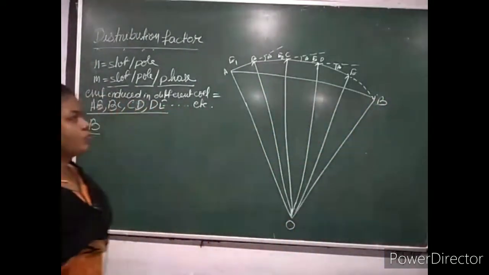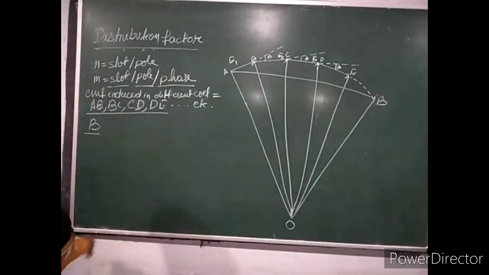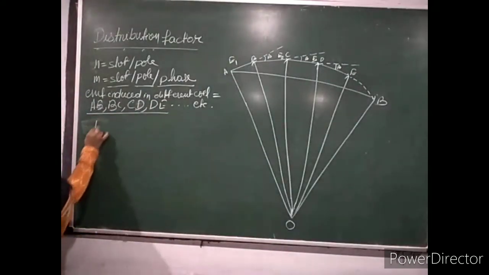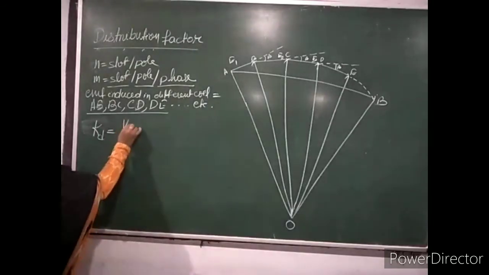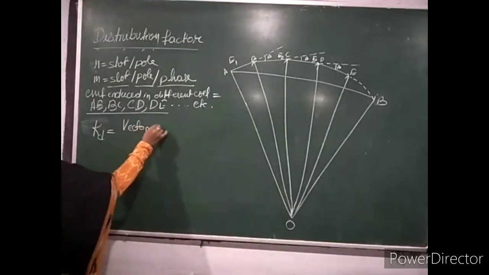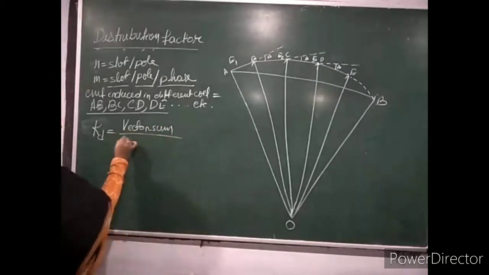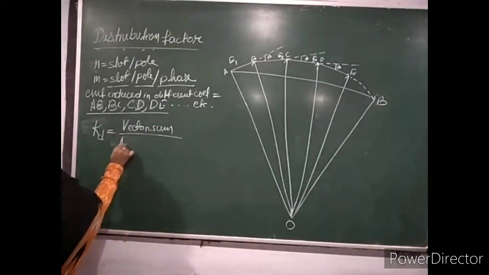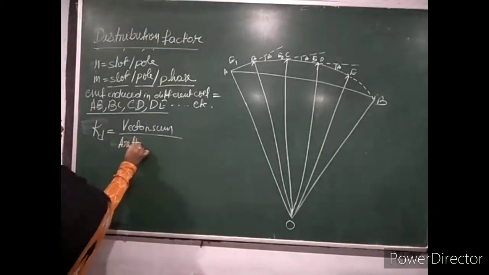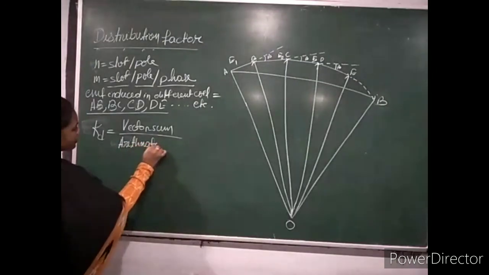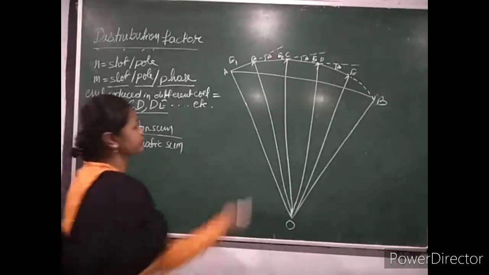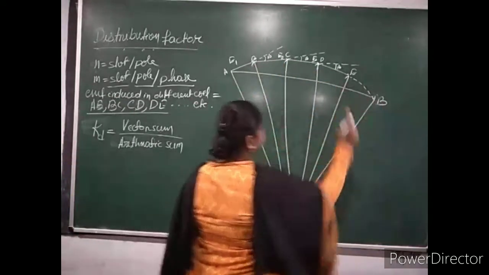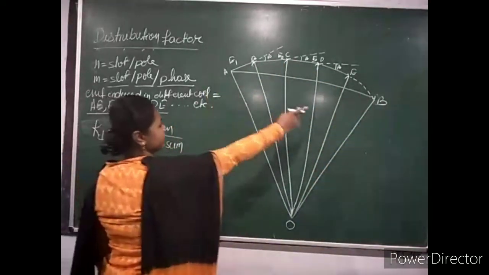B. Okay, what do we have to find here? For finding the distribution factor, here you find the vector sum of EMF by arithmetic sum. Arithmetic sum is this one, and vector sum is this AB.